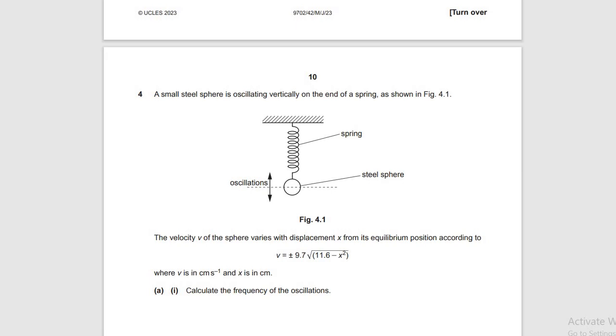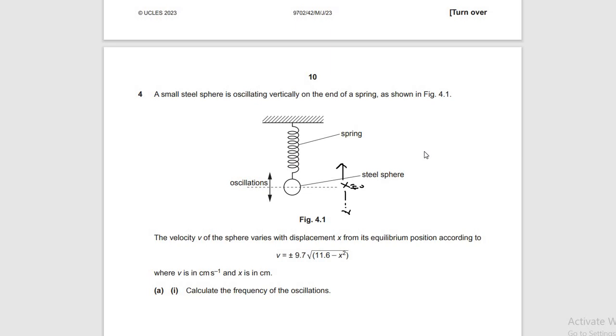A small steel sphere is oscillating vertically on the end of a spring as shown in figure 4.1. This is vertical oscillation, up and down from the equilibrium position. X is 0 at equilibrium. It moves up, and it also moves down.